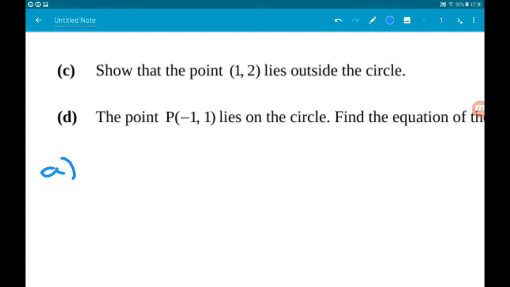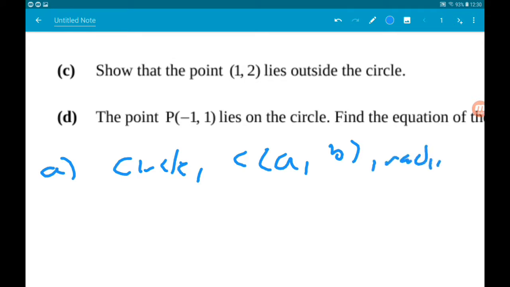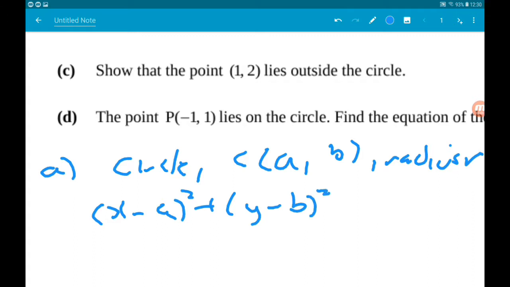Okay, so a circle centered at A, B with radius R has equation x minus a squared add y minus b squared is equal to r squared.